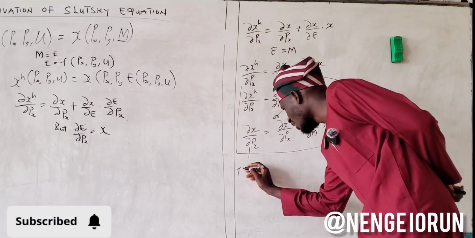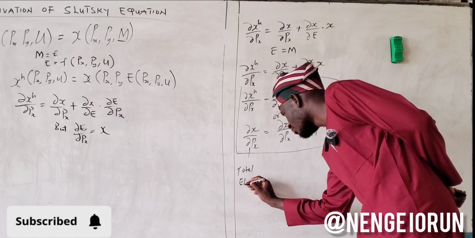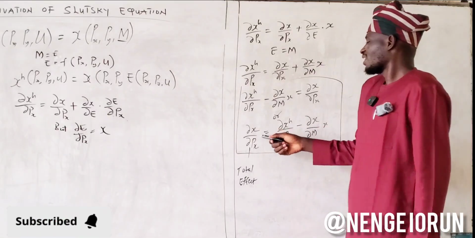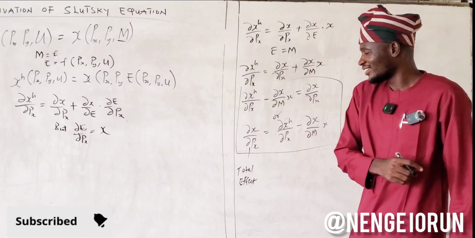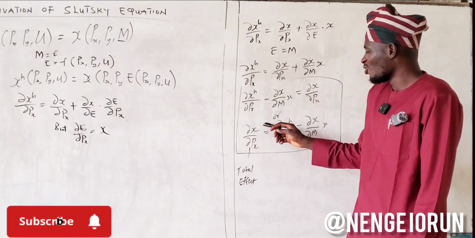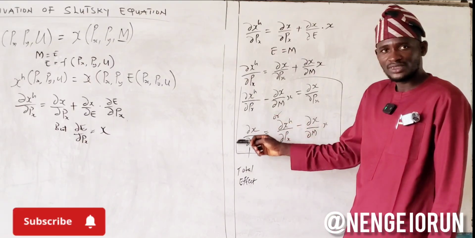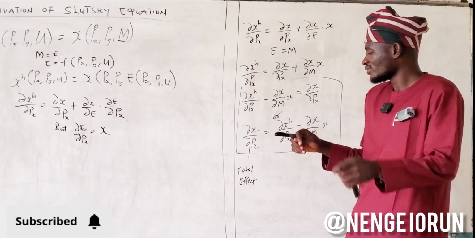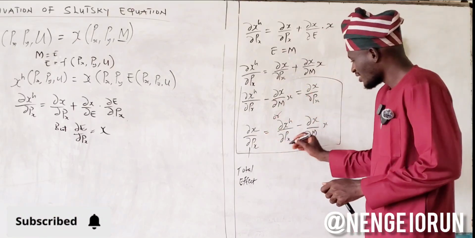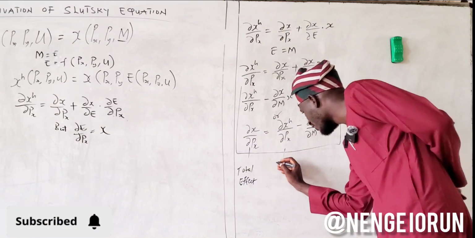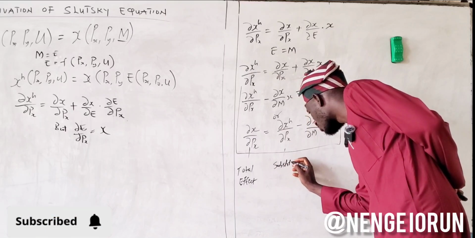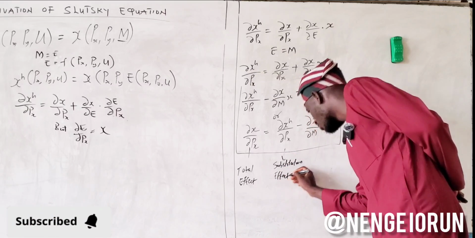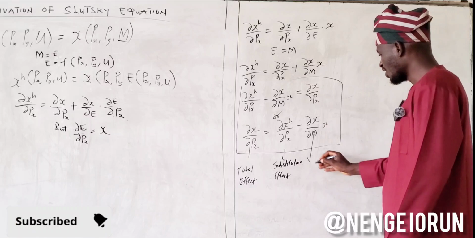Here, this is the total effect. They say that a small change in price along an ordinary demand function, this is the ordinary demand function because this is the Hicksian demand, the Marshallian demand function, can be decomposed into the substitution effect and the income effect.